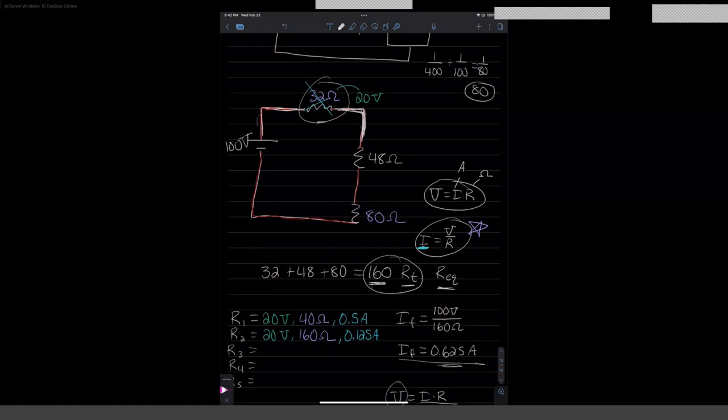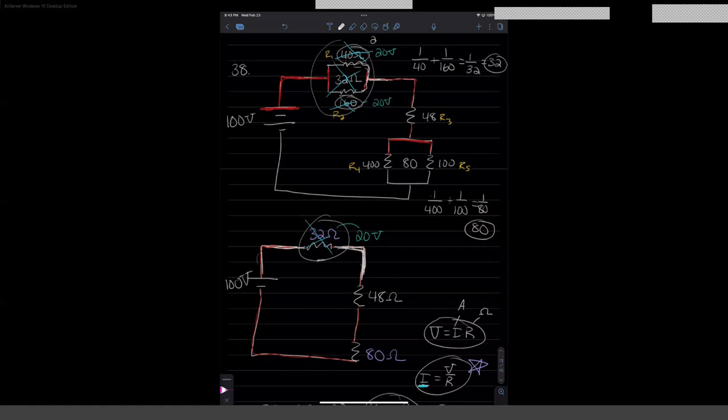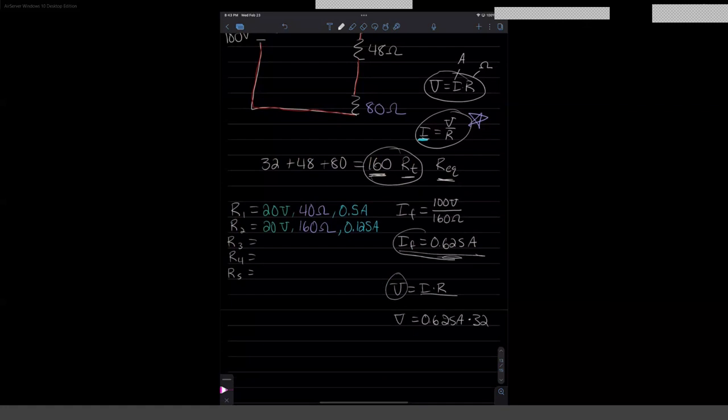So these two values are going to make the current different, because they have different resistances and they're in parallel. But once they come back together at the end, they're going to meet back up, and I think they're going to have that same current that we came up with earlier.